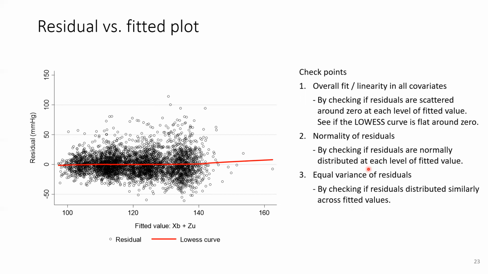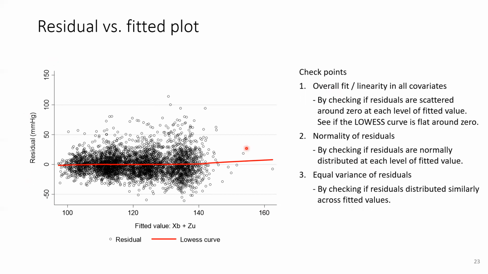And this one, what are the checkpoints? The vertical axis shows the residual, and the horizontal axis shows the fitted value. And what do we see? First of all, we look at the overall fit, or linearity in all covariates.